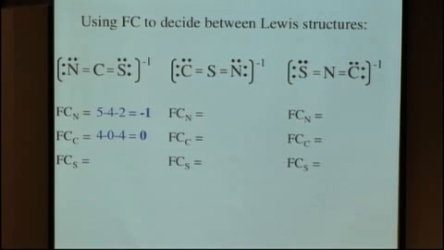So that is a formal charge of -1. For the carbon, we start with 4 valence electrons. We have 0 lone pair electrons, -4, and we end up with a formal charge of 0. For the sulfur, we start off with 6 valence electrons, -4 lone pair electrons, -2 taking into account our bonding electrons, so we end up with a formal charge of 0.